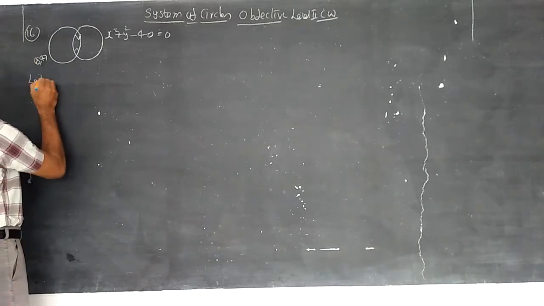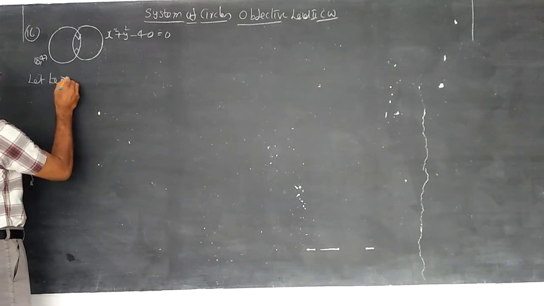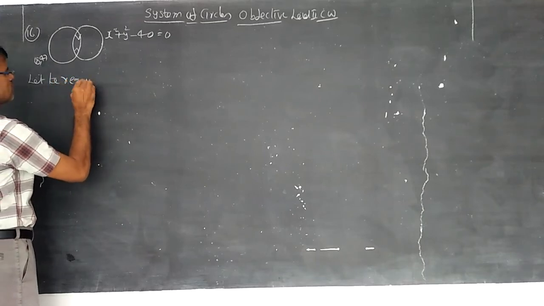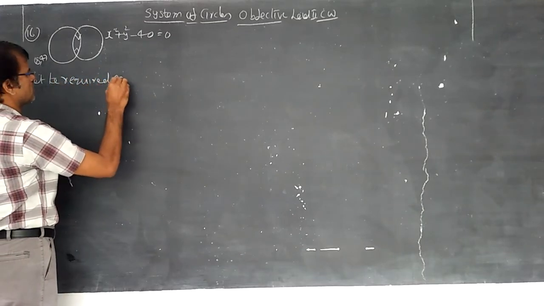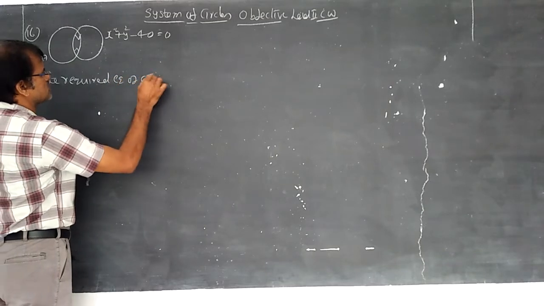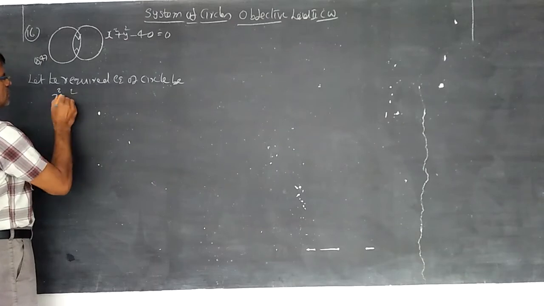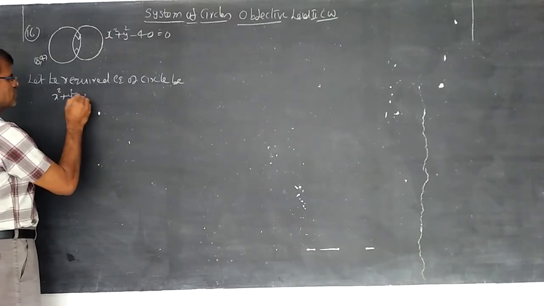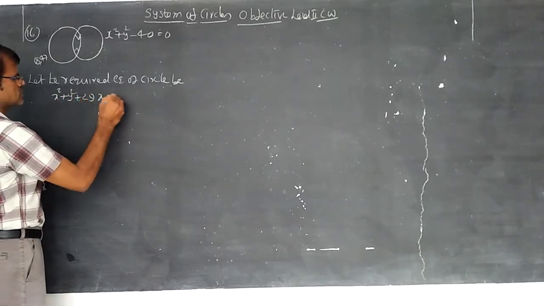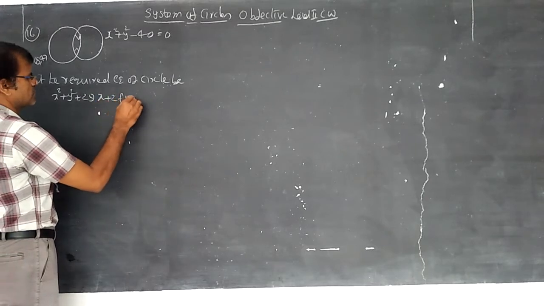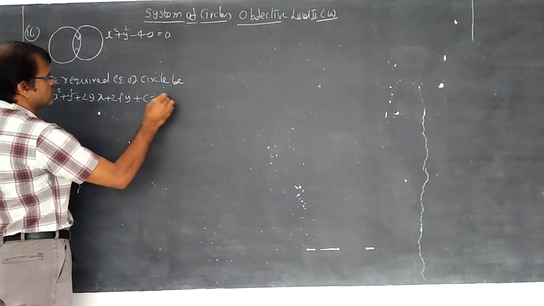Let the required equation of circle be x square plus y square plus 2gx plus 2fy plus c is equal to 0.